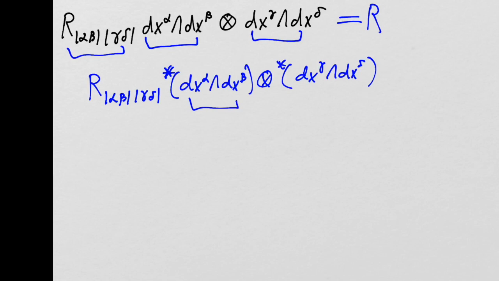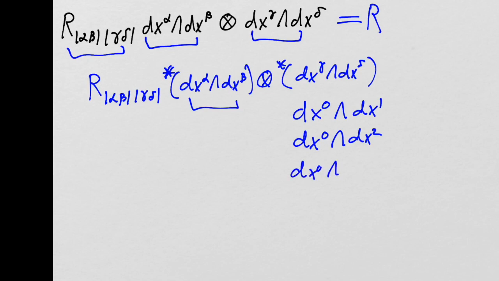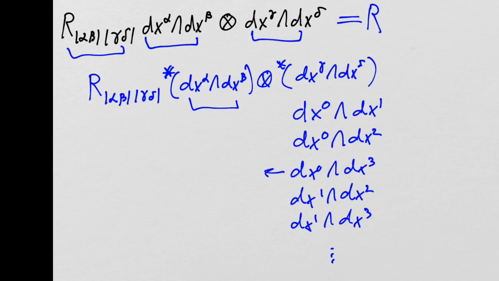And we actually calculated the Hodge duals of all the basis vectors for two-forms. So I calculated the Hodge dual of dx0 wedge dx1, the Hodge dual of dx0 wedge dx2, dx0 wedge dx3, dx1 wedge dx2, dx1 wedge dx3, etc. All of these have Hodge duals, and the Hodge dual is always going to end up being the strict form that's missing, the two missing ones.